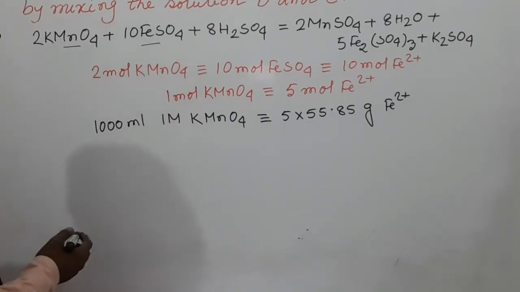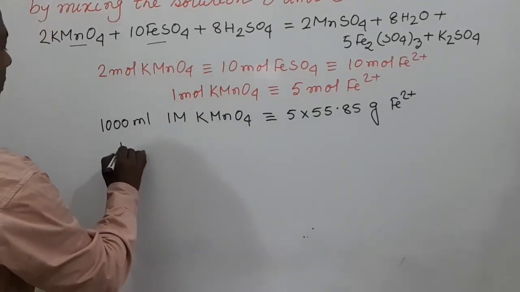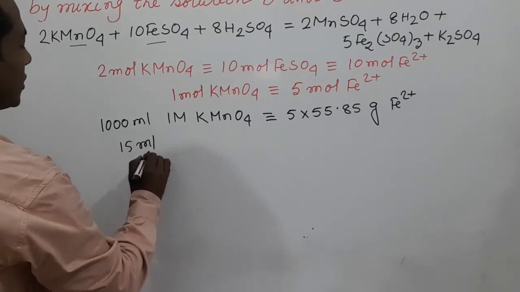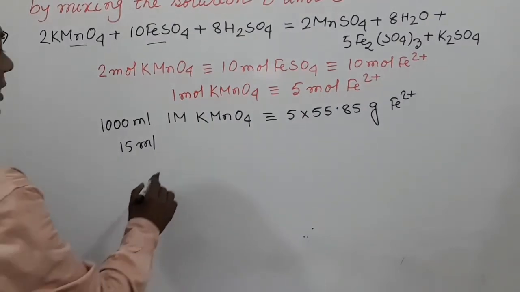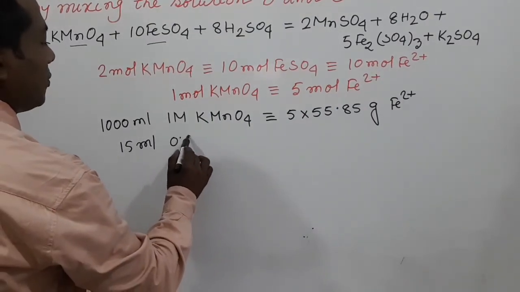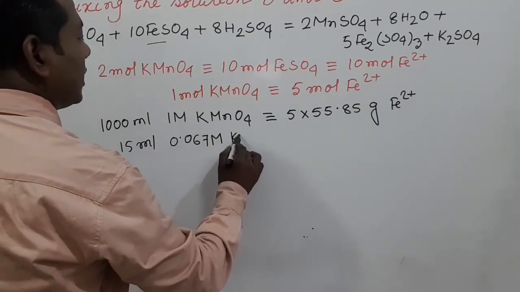Now our required potassium permanganate is 15 ml, and concentration of potassium permanganate is 0.067 molar.